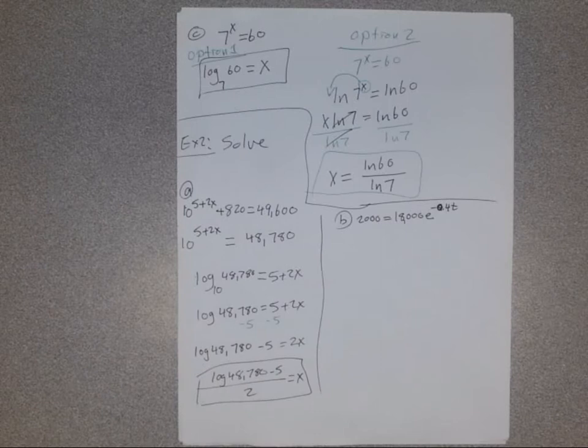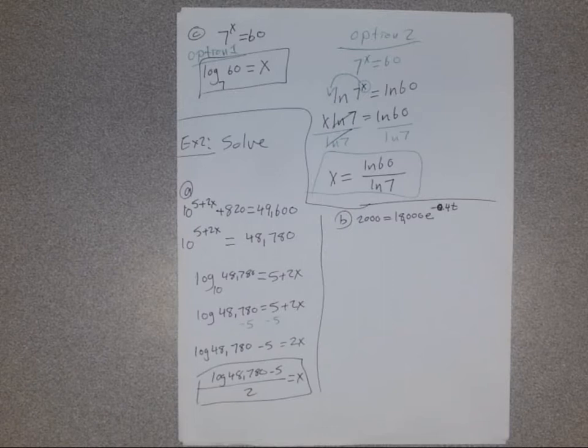What does this look like? Pause the video, maybe go back a couple lectures, I don't know how many, but this looks like something we've worked with. Take a couple minutes to maybe try to find it. So what this looks like is continuous compounding, the finance problems we did a while ago.